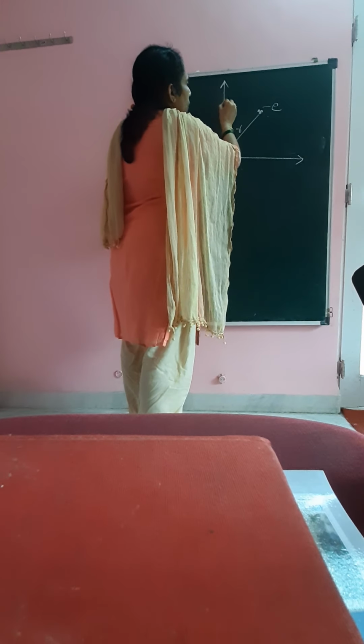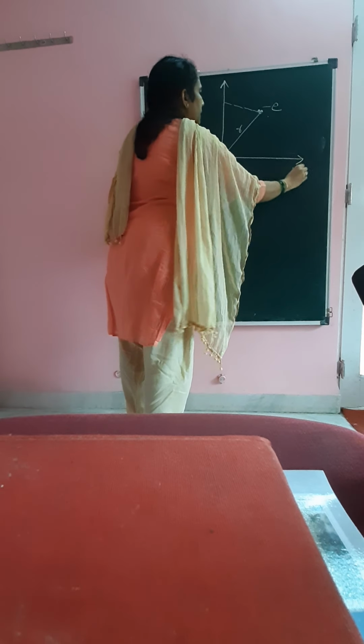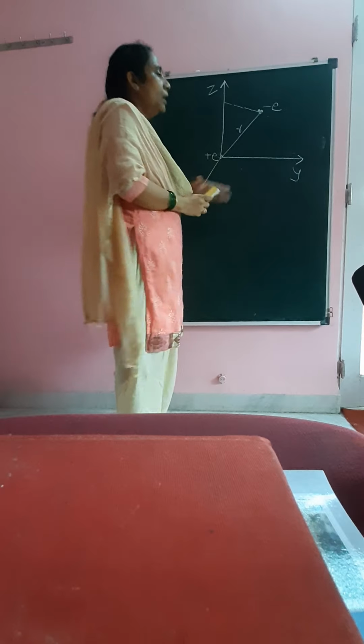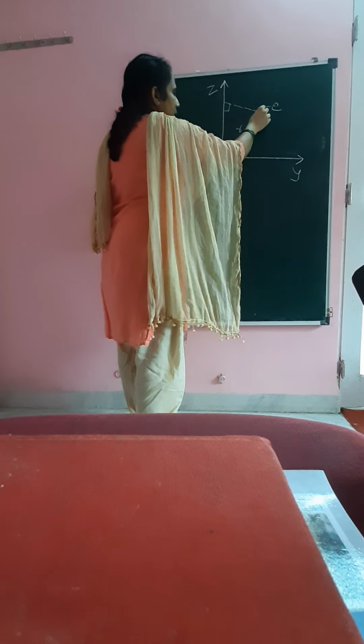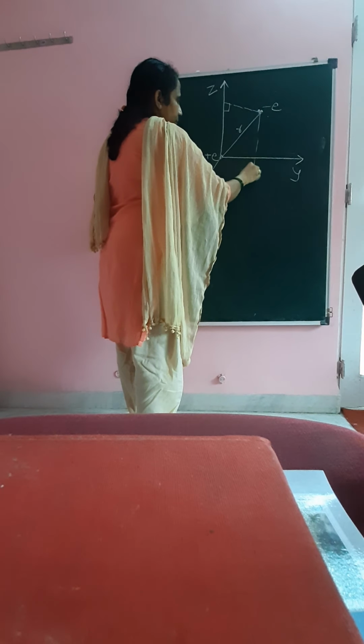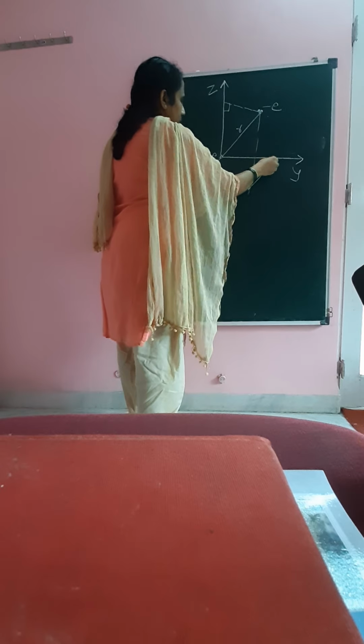Now I am drawing the perpendiculars from the particular axes. This is x, y and z. So I am drawing the perpendicular from here, and then similarly we will go for all the other perpendiculars.